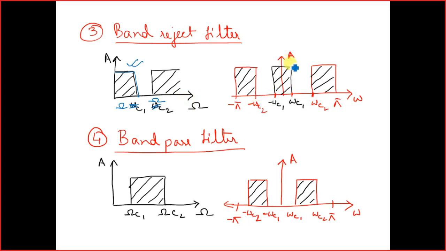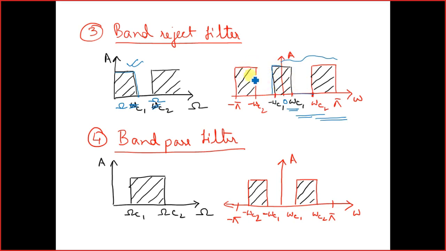Now let us take the digital filter response in the 0 to pi region. So 0 to omega c1, then omega c1 to omega c2, we have a zero response. Then omega c2 to pi, we again have a high response, right? Now, as we have discussed, we have to mirror this response in the negative domain.